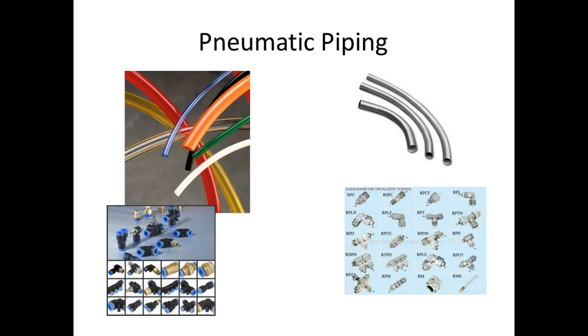Tubing. We have all types of pneumatic tubing. We use a lot of plastic in pneumatics, and of course we do use some metal. Fittings. We have all types of fittings: quick disconnect fittings, tees, and splitters, where we take one input and send it out to two. Do we have those in there?